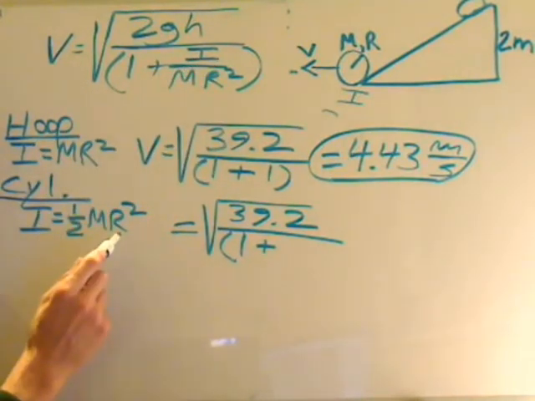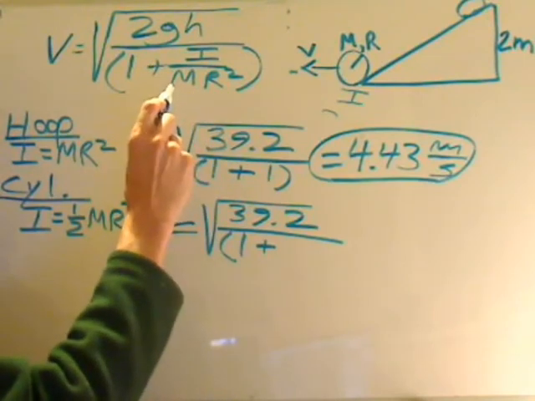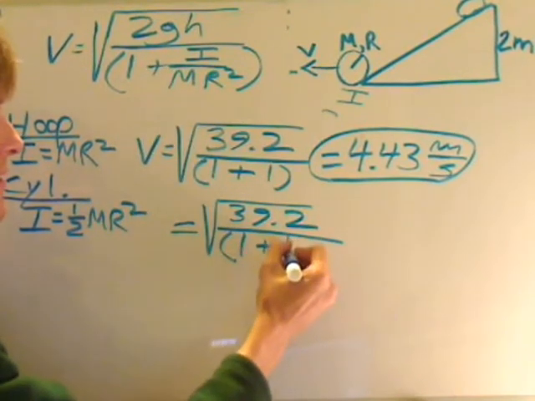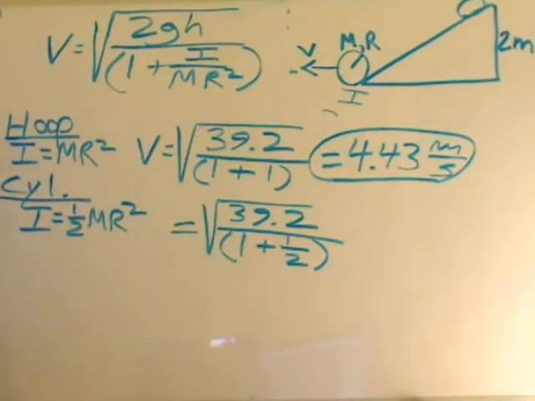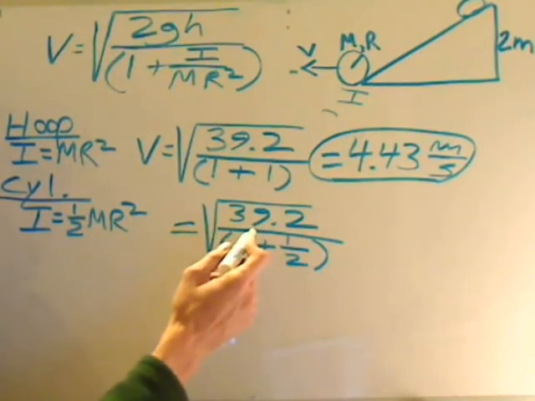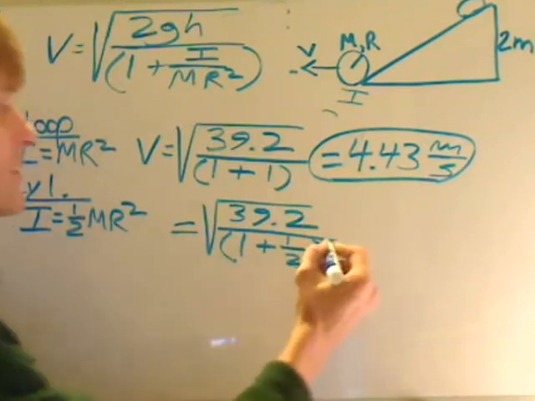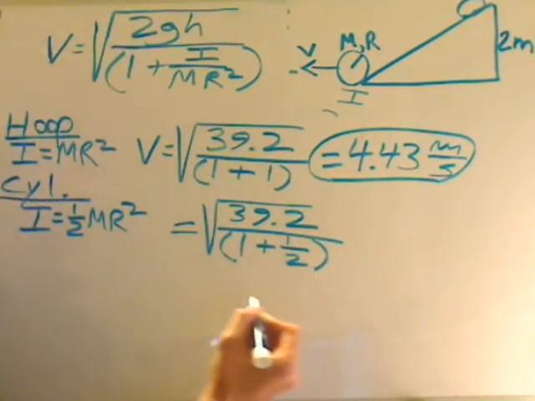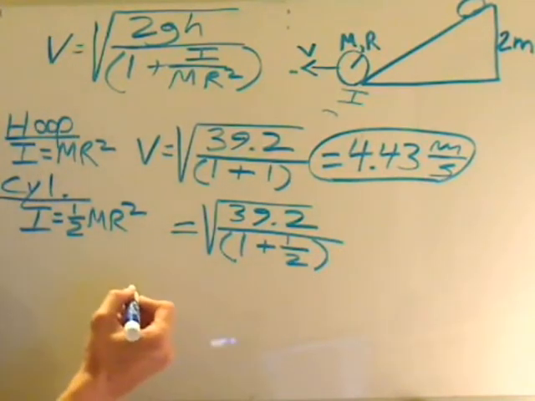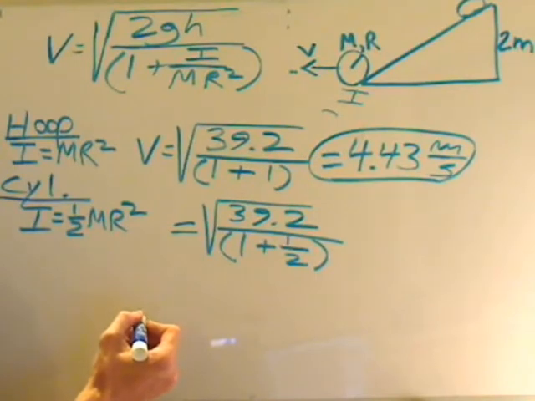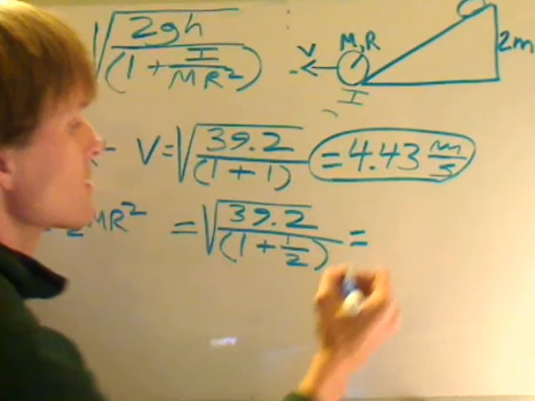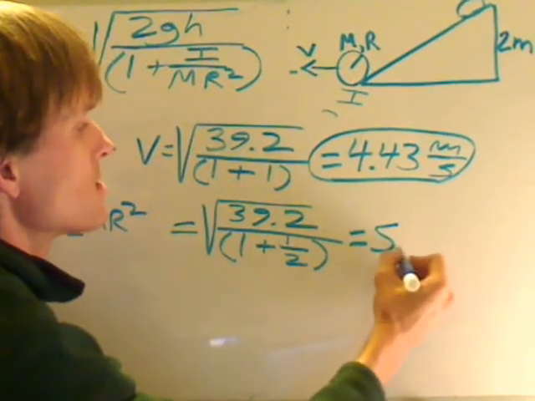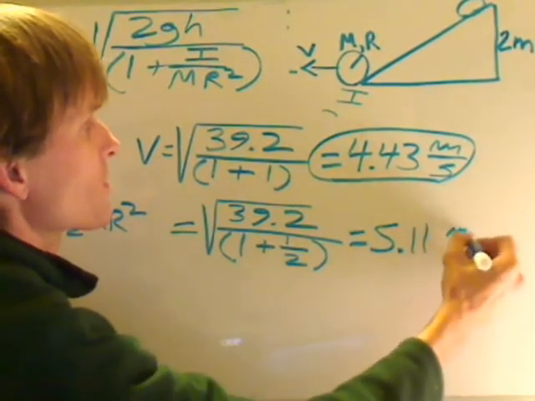So 1/2 mr squared divided by mr squared gives you the number 1/2 here. You do that calculation, and we get a larger number than the hoop: 5.11 meters per second.